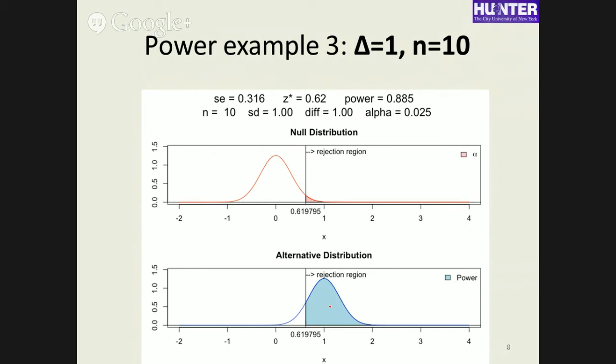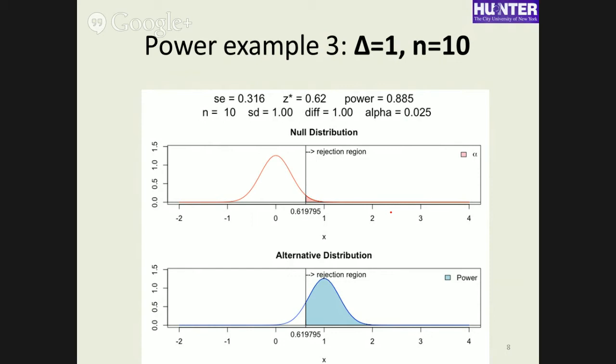So here the assumption is that this alternative distribution is true. This is the actual distribution of samples that we're going to get. And about 88% of them are going to be out in this tail. Essentially, 88% of your samples will qualify. Yeah, in this case.